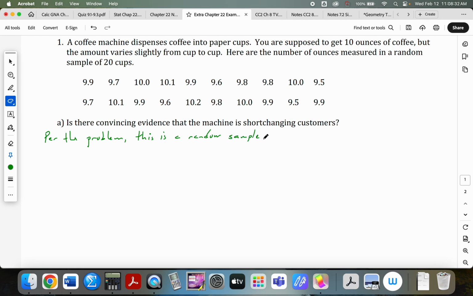All right, what else? Less than 10%. All right, so we are drawing from a population, right? So we don't really know how many cups of coffee this machine puts out, do we? No. But we'll assume that 20 cups is less than 10% of all the cups of coffee that this machine has produced.